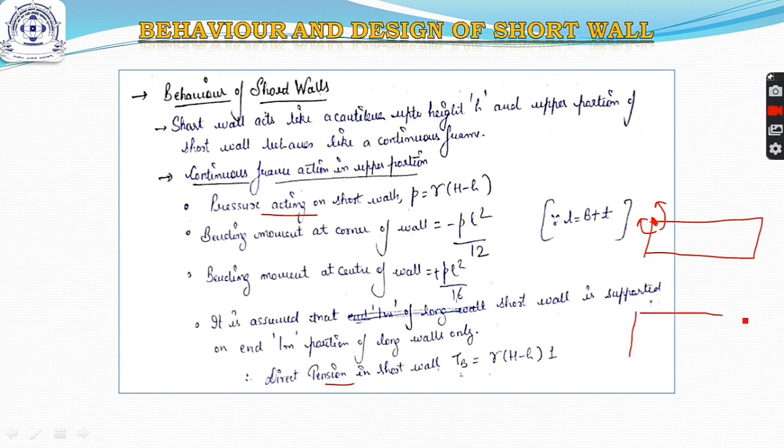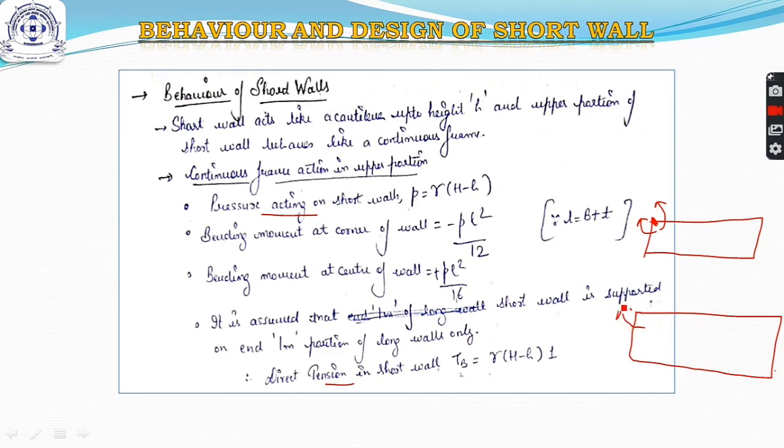But now in this case, that is L by B greater than 2, we only have the fixed end moment in the short wall, so there is no fixed end moment or horizontal bending in the long wall due to no continuous frame action, so we do not require the moment distribution method.